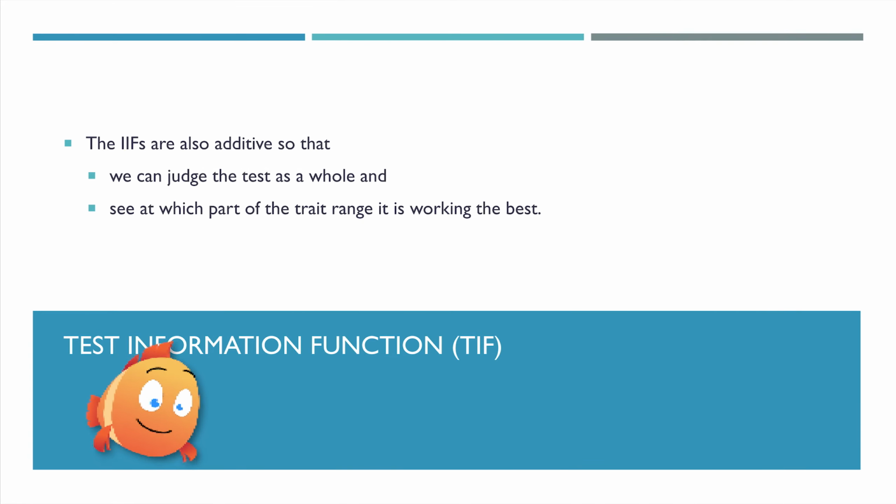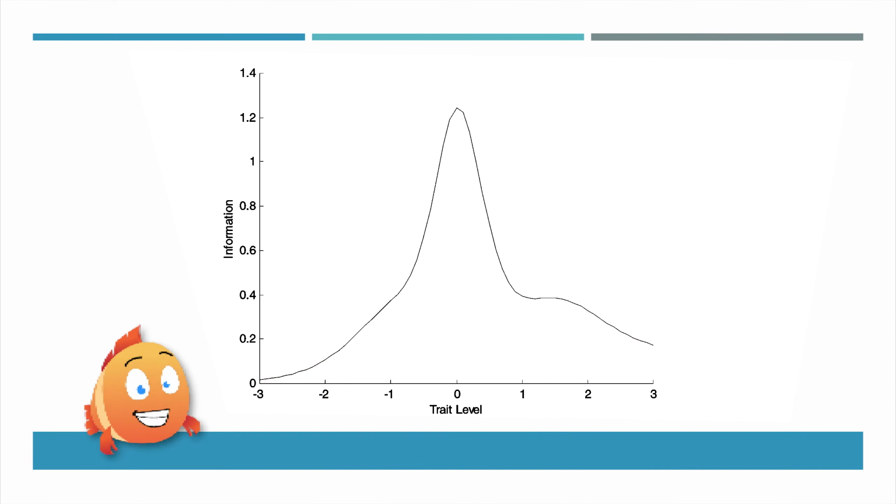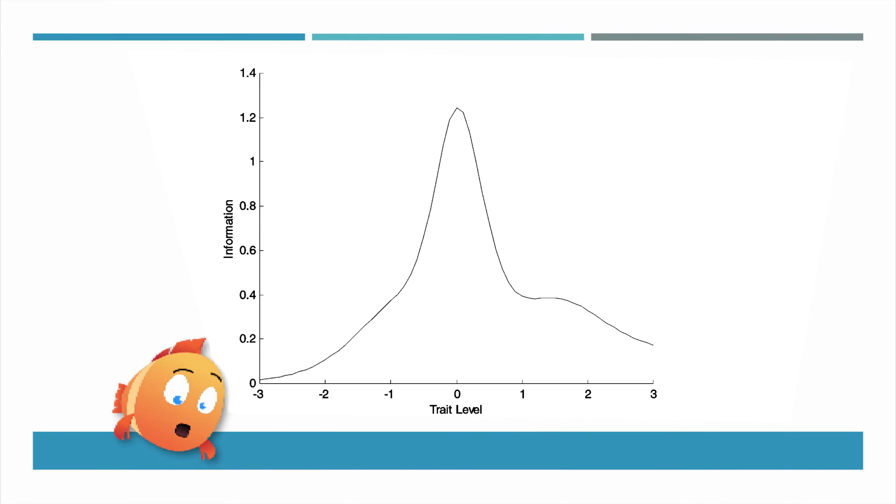Okay. Another fun fact, these item information functions are also additive. This allows us to judge the test as a whole and to see at which part of the range the trait is working the best. So when we add up those three items, you'll notice here that they effectively overlap. They give us the same shape.